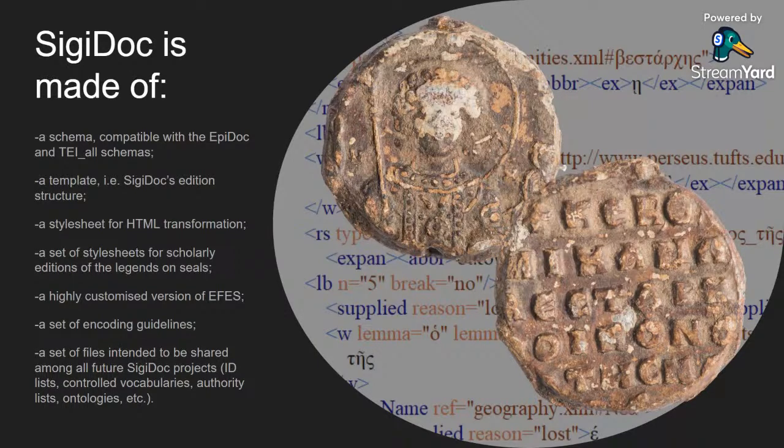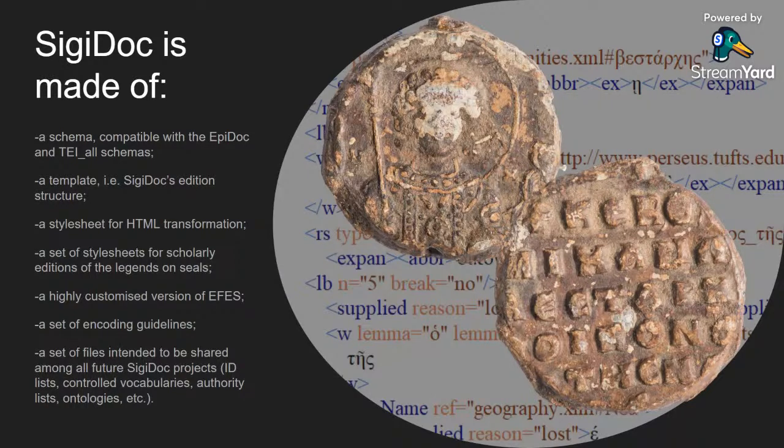So first of all, let's see what a customization, not only SigiDoc, but a customization of EpiDoc, is actually made of. First of all, we have a schema, and you already know what a schema is because Gabby just explained it, which is a clean subset of EpiDoc and of TEI schemas. So the schema of SigiDoc is pretty much everything that EpiDoc has, and a couple of things more taken from the TEI schema.